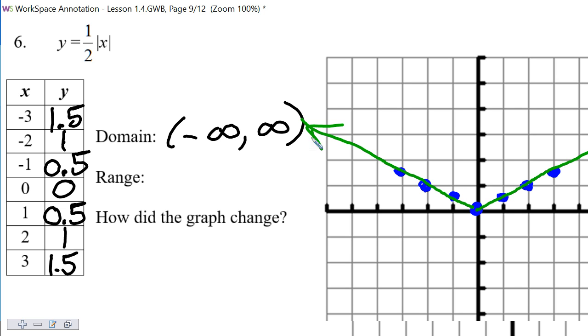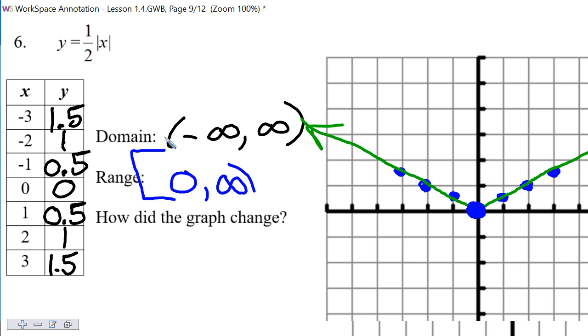So if you look at your vertex right here, what's the y value of the vertex? 0, and the y values go all the way up to infinity. Which one goes first? 0, comma, infinity. Do I have a point at 0? Yes, a 0 gets a square bracket. Can I have a point at infinity? No, so infinity gets a parenthesis.